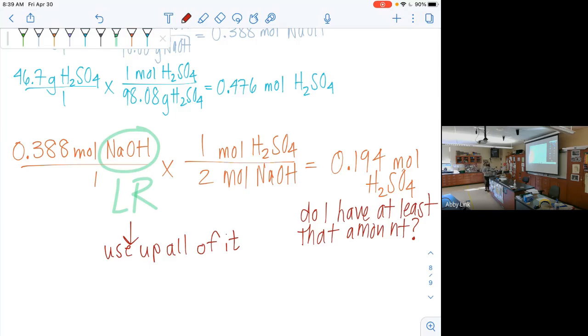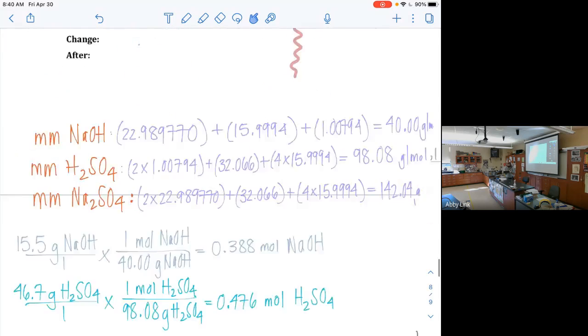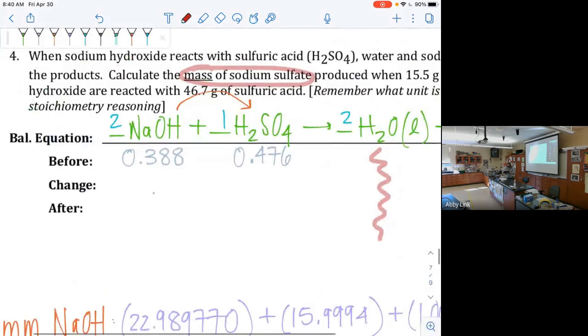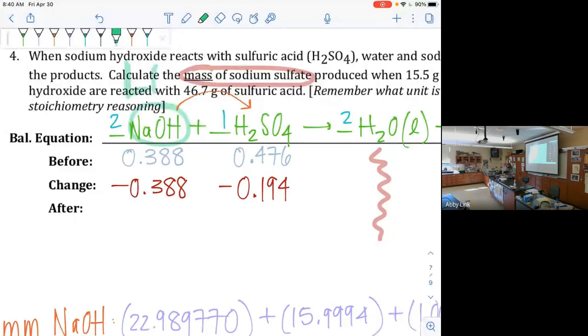All right, so now I can come up to my table and subtract my 0.194. I can subtract all of my NaOH. All right, now the limiting reactant, which is the NaOH, is going to dictate the rest of the table. It's going to dictate the rest of the problem, okay?